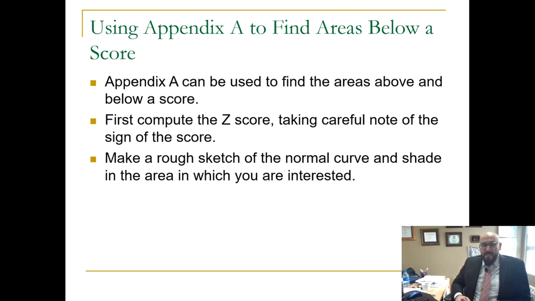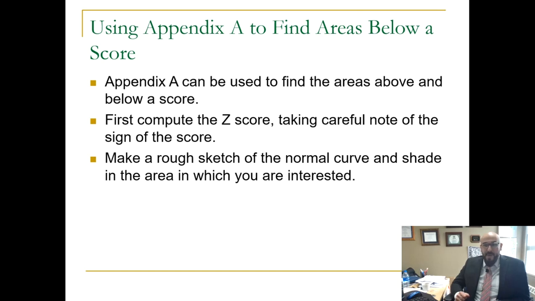And then once we have the z-score, we go to Appendix A, where you can find the areas above and below the score. We need to find exactly what the area is, whether above or below. Once we compute the z, we need to take careful note of the sign of the score. Is it negative or positive?